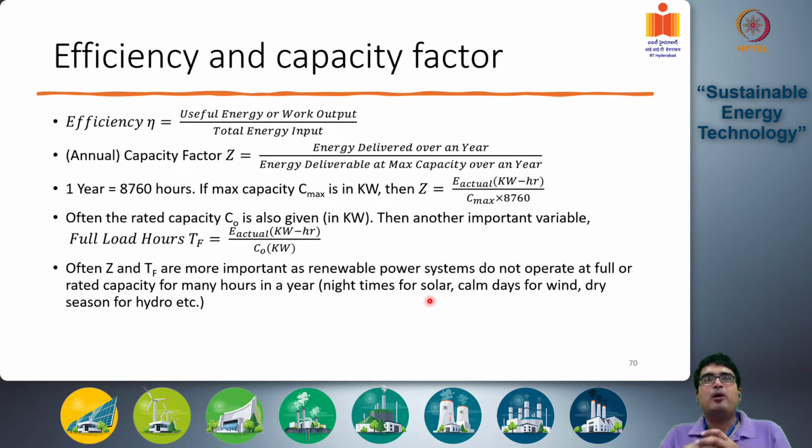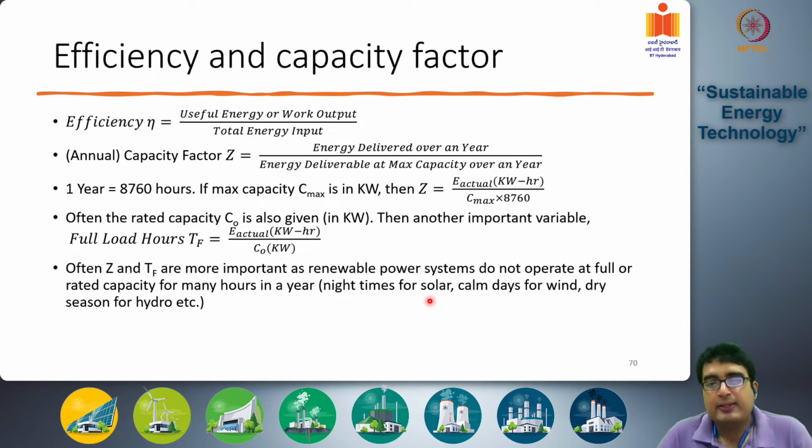Similarly, if you think of a wind power plant, it will not deliver any power at all, especially on calm days or calm hours, when there is not a lot of wind flowing into the blades of a wind turbine. There again, its rated capacity will be much higher than the actual energy it is delivering in those hours. That is why the capacity factor Z and the full load hours are much lower than what you would expect if it was running full time at its peak power or rated power.